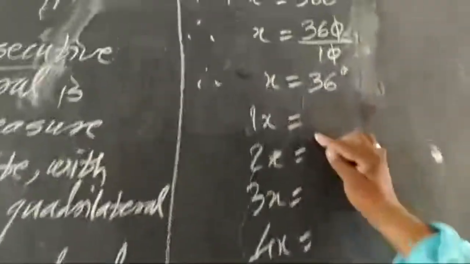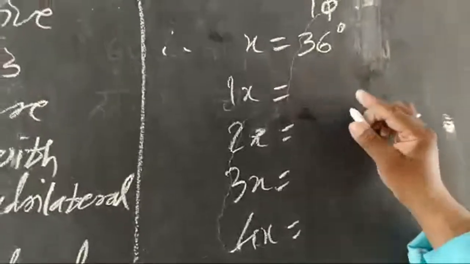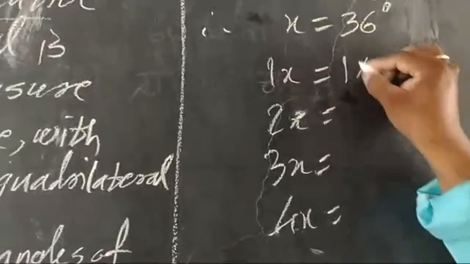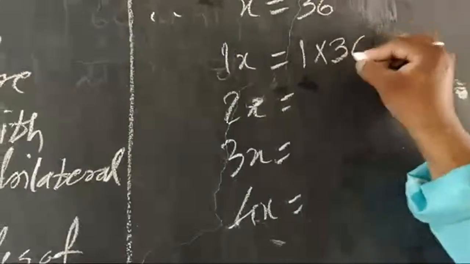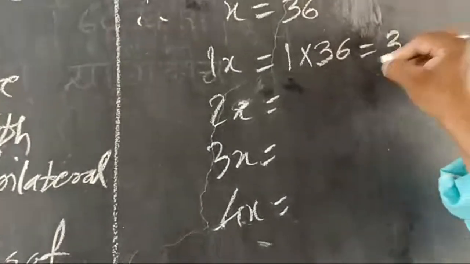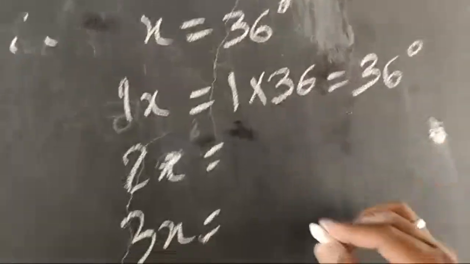Substitute values. 1 into value of x is 36, and multiplication is 36 degree.